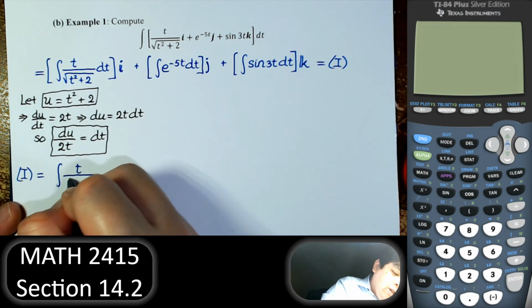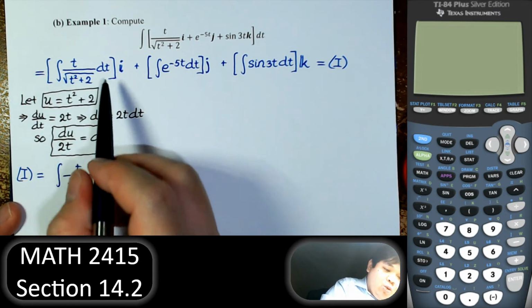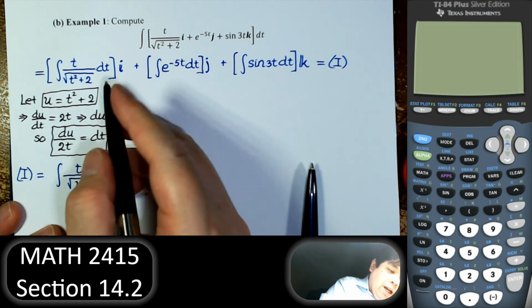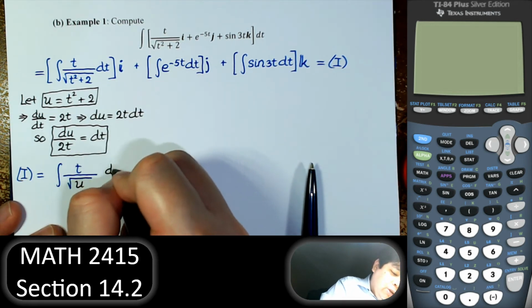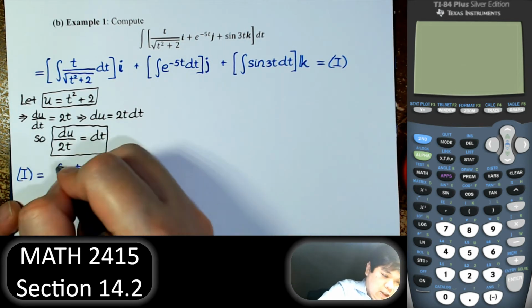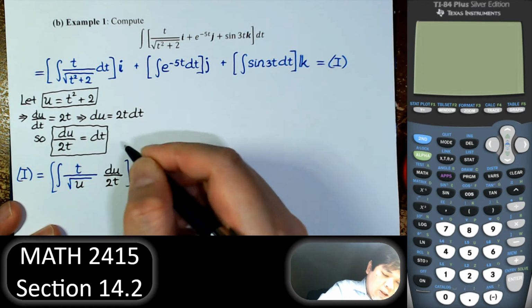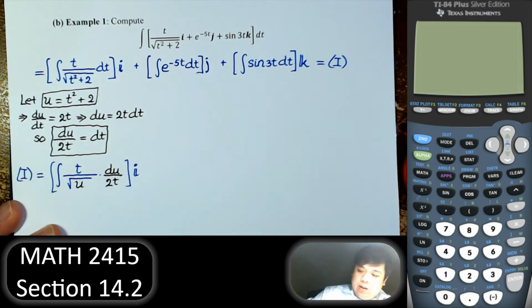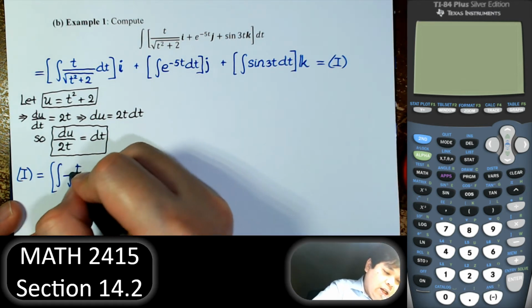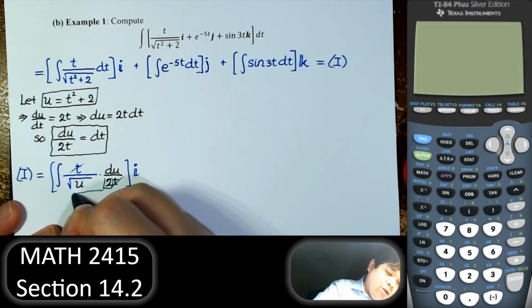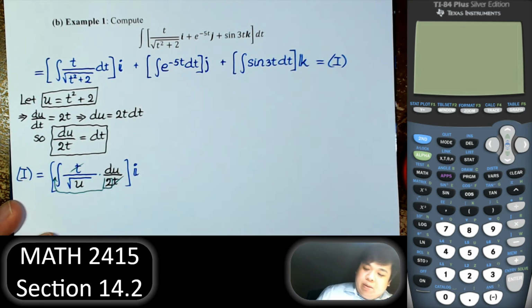Square root of t squared plus 2, so that will be u, and dt is du over 2t. With I component, t and t cancel out. There's a 2. I will take it outside the integral, but stay at the bottom.